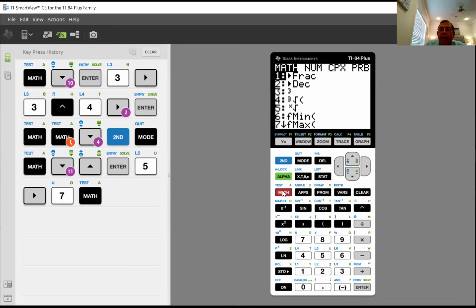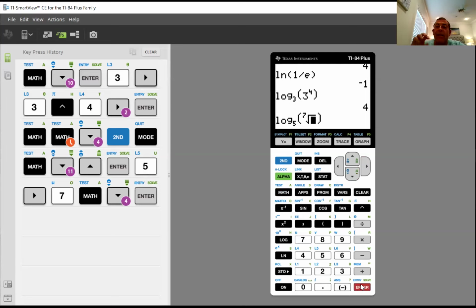When I go to math and go to number 5 with the x in front of the radical, when I hit enter, look what it did. It made the radical with the index of a 7, and then underneath, I'm just putting in my 5. So remember, anything higher than a cube root, to get that radical, you hit the index first, and then go get the radical with the x.